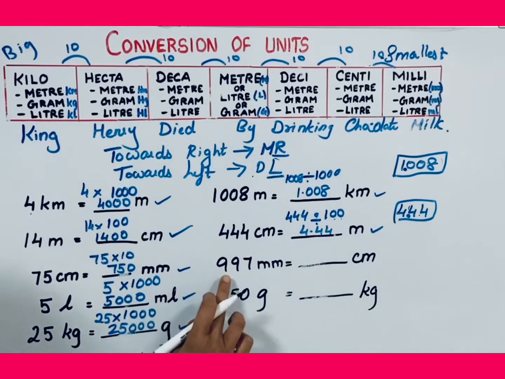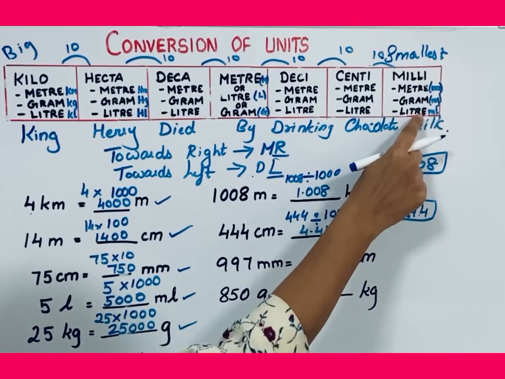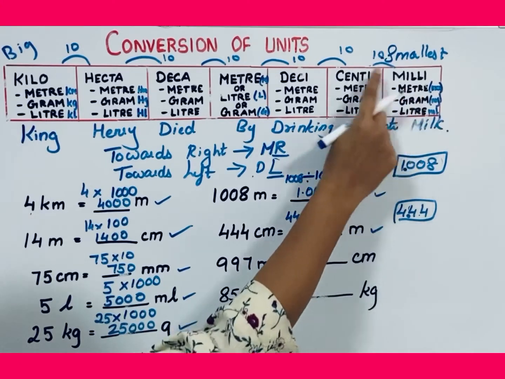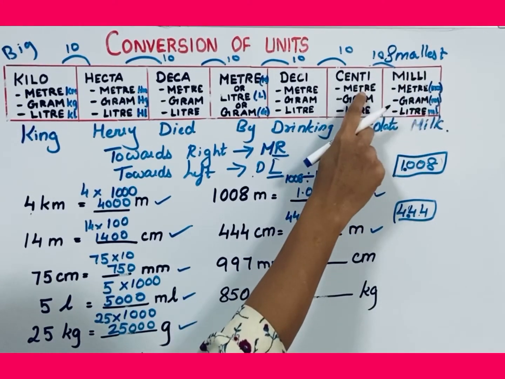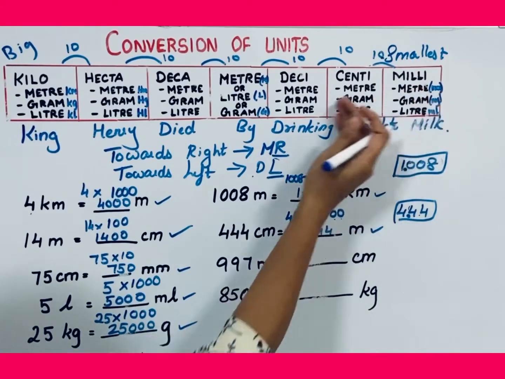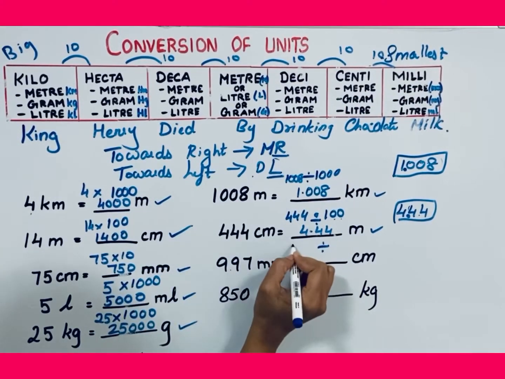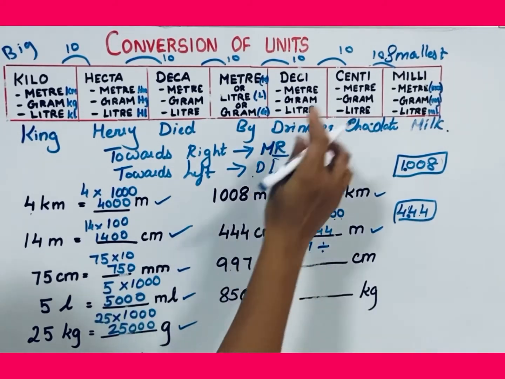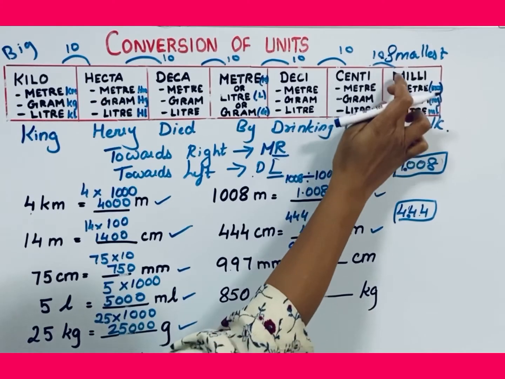Next, 997 millimeter is how many centimeter? mm is millimeter. From millimeter, move to centimeter, which is here. So it's moving towards left. Left is division. Take this 997 and divide it, moving towards left only 1 time, millimeter to centimeter.